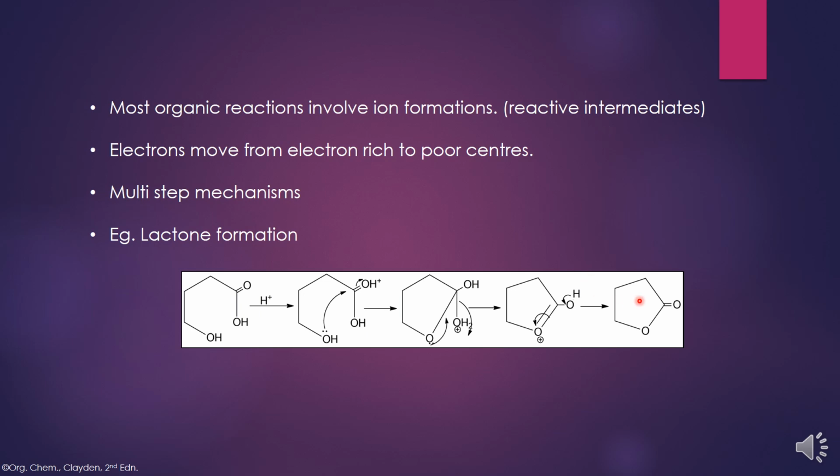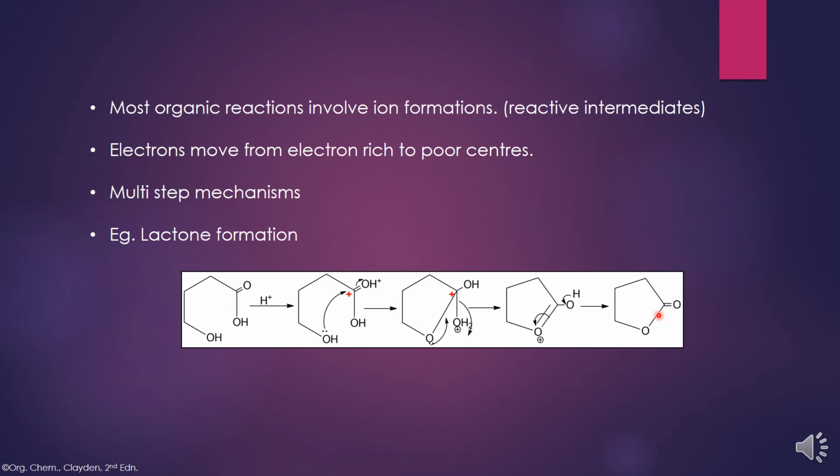organic reactions, that is lactone formation from beta hydroxycarboxylic acid, which is an acid catalyzed reaction, and we can see here a carbocation is formed in this reaction. That means without the formation of this carbocation, this lactone formation could not take place.